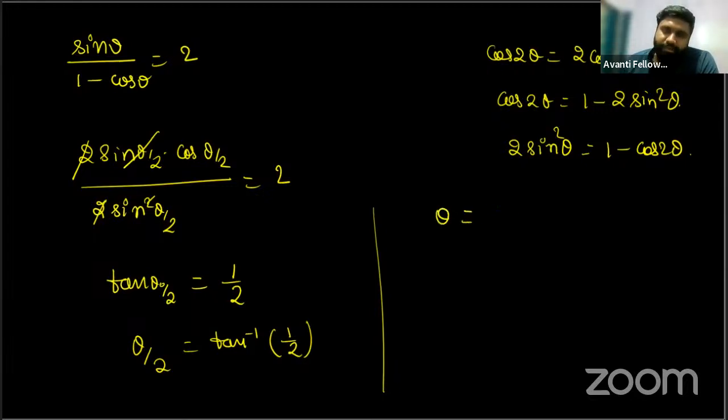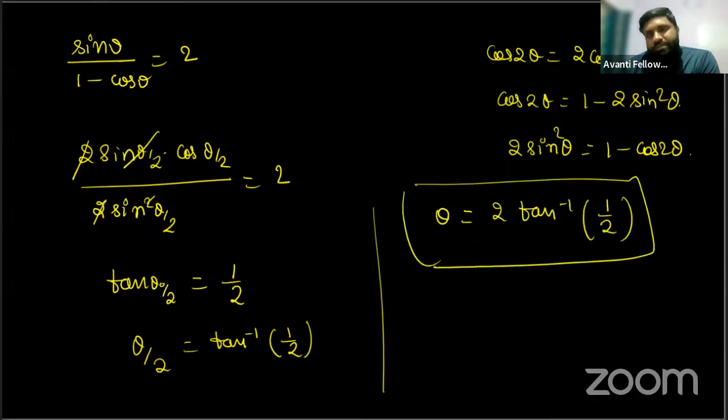So theta you will have as 2 tan inverse 1 by... So this is the maximum deflection, this is the deflection at extreme position.